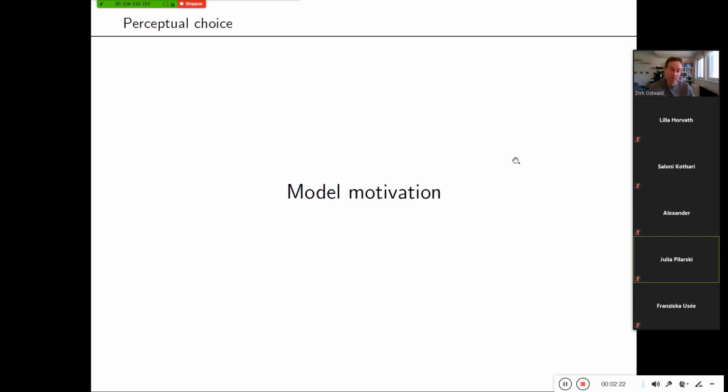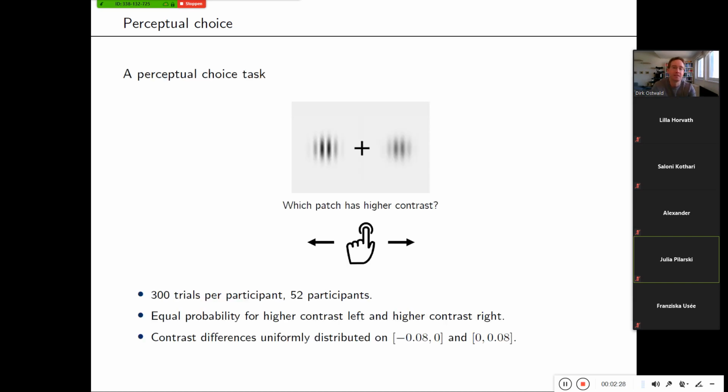So the perceptual choice task that was the motivation for the model that we now discuss is a very typical perceptual decision-making task, and there have been thousands of studies that use these kind of tasks, and they come in various forms. Sometimes you're supposed to distinguish between houses and faces in noise.